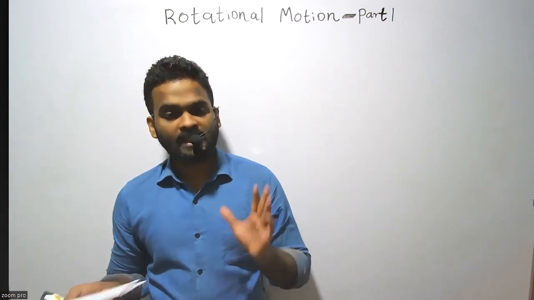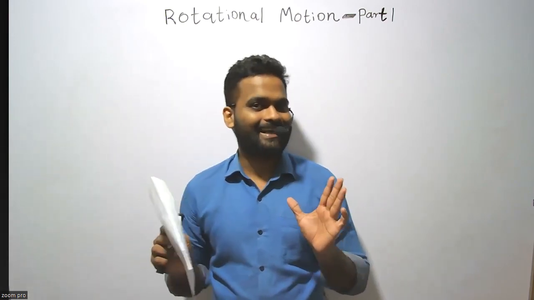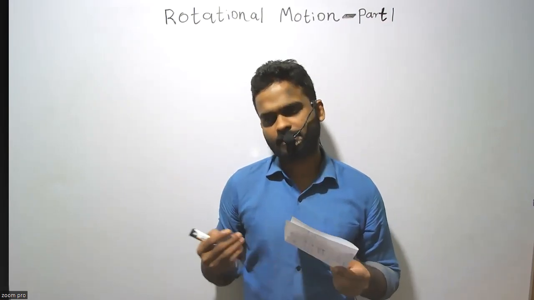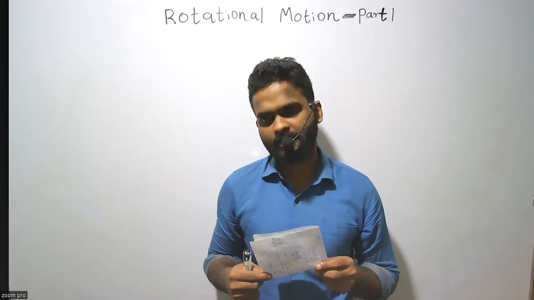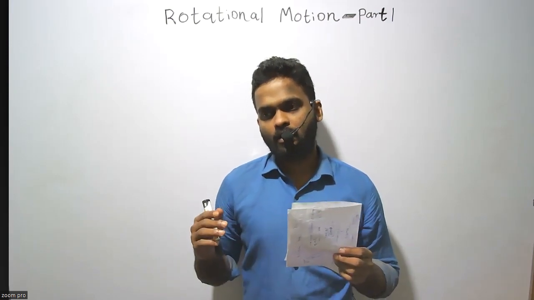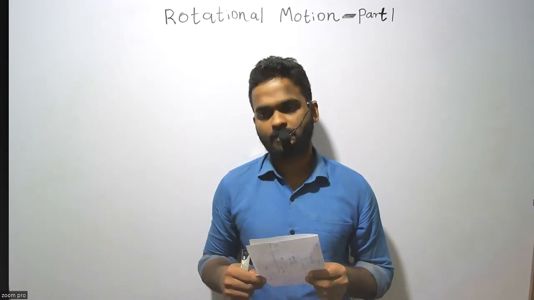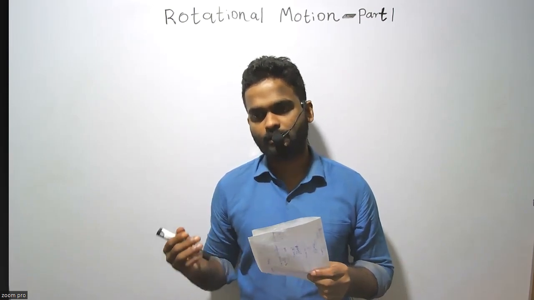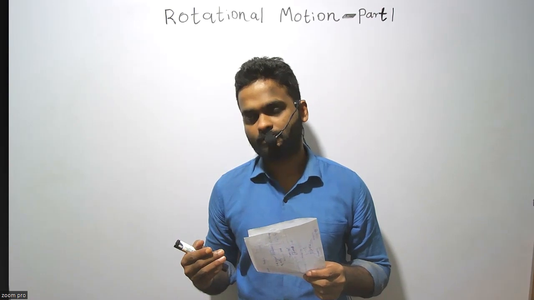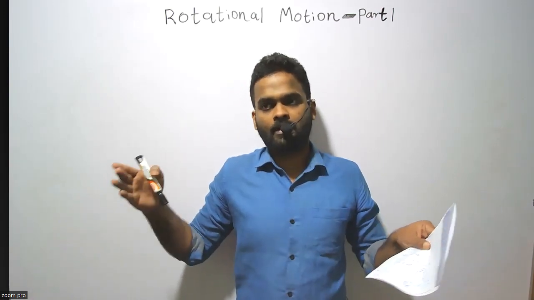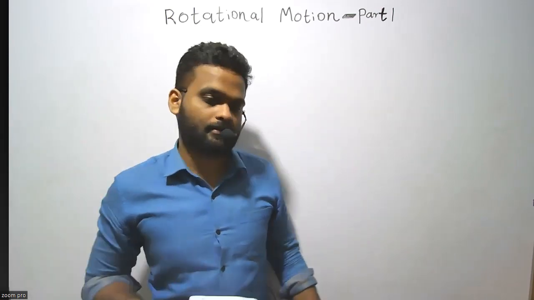But in rotational motion it is kind of similar, but we are not using mass. It is a bit more sophisticated than that. The inertia in rotational motion is caused not only by mass but also by the mass distribution. So we call that moment of inertia.